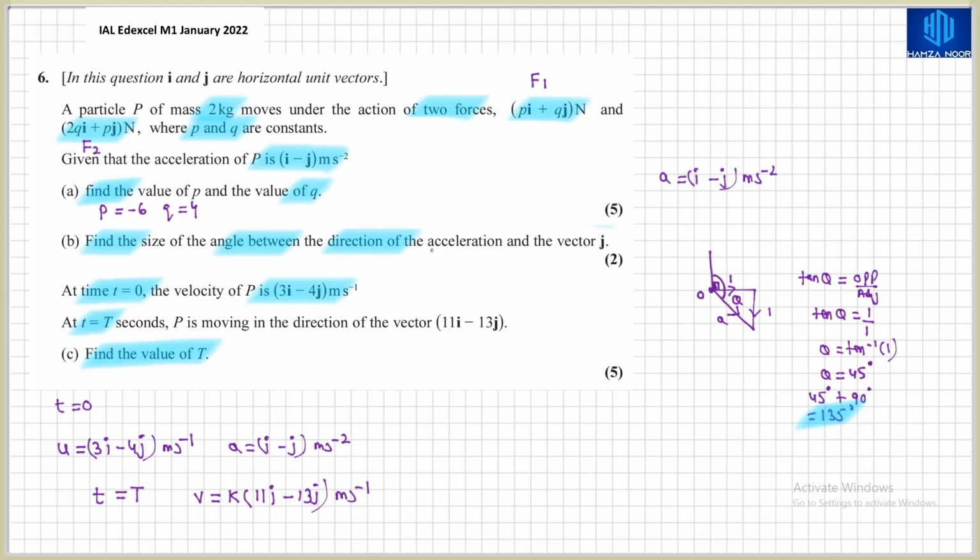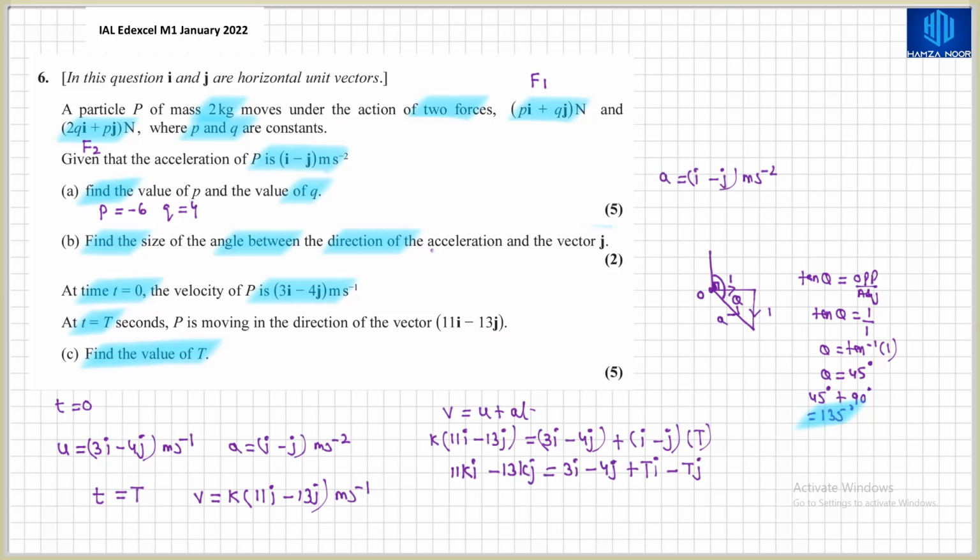So the velocity is equal to k times (11i minus 13j), where k is a constant. As we want to find the value of T, we are going to use the equation of motion v equals u plus at. The final velocity vector is k times (11i minus 13j), equal to u plus at. The initial velocity vector is 3i minus 4j, the acceleration vector is i minus j, and time is capital T. So 11ki minus 13kj is equal to 3i minus 4j plus Ti minus Tj.